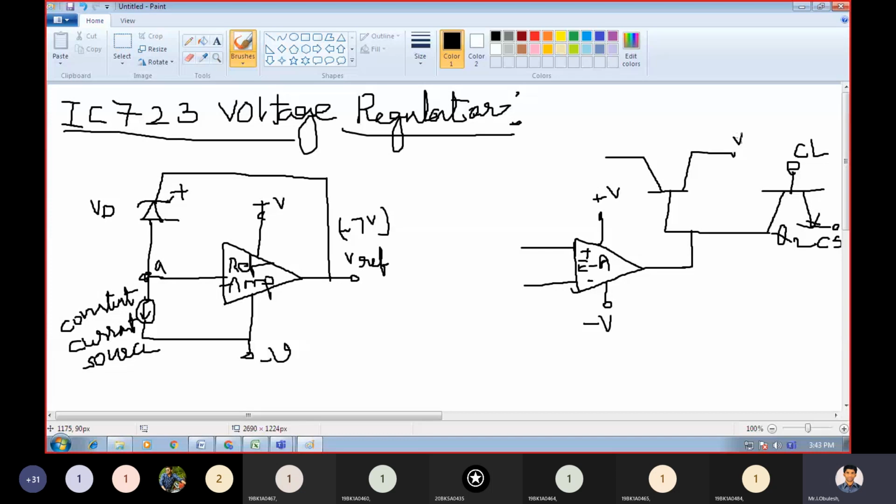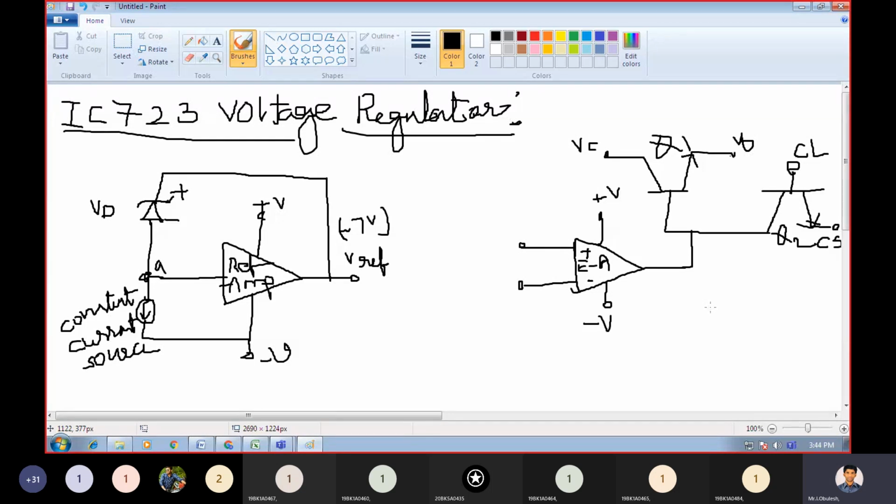This is the V naught. We will get it from this now. Q1. Here we will get a VC. This is the inverting and non-inverting terminals. Okay. So up to now clear?